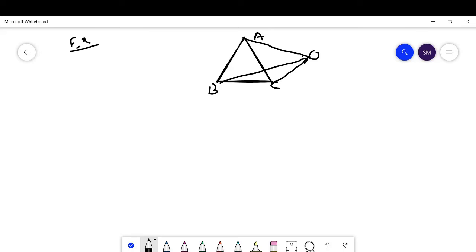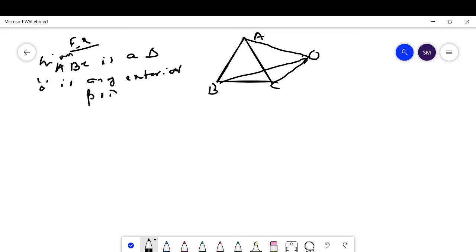Then in this triangle, the given condition is: ABC is a triangle, and O is any exterior point. Then we have to prove that OA plus OB is greater than AB.